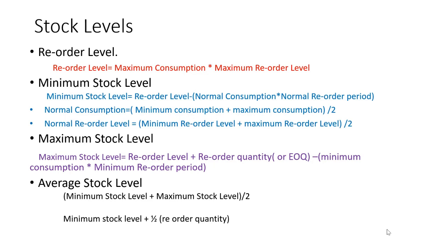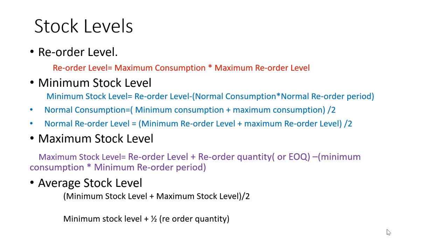For how much time you need to get the material from the vendor, per day or per week? If you can get the material in 4 days, you have to check the maximum consumption per day.